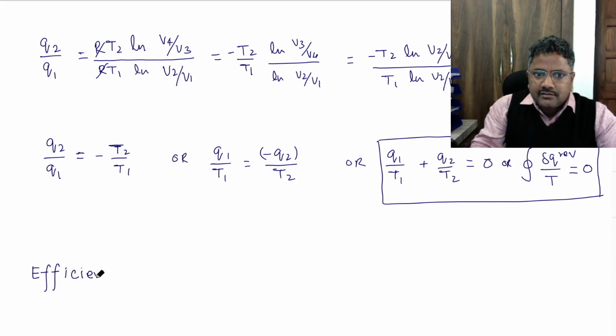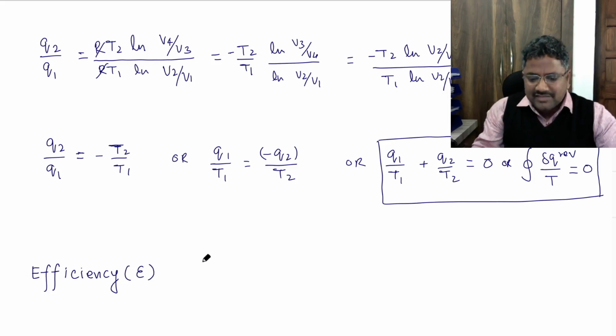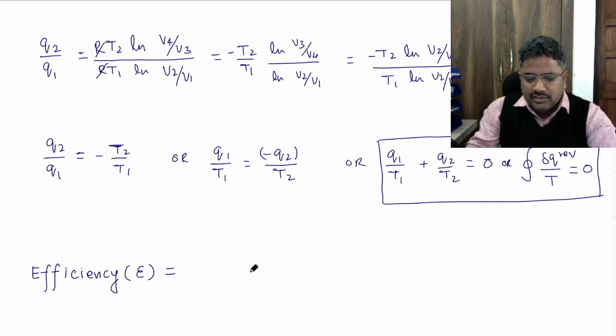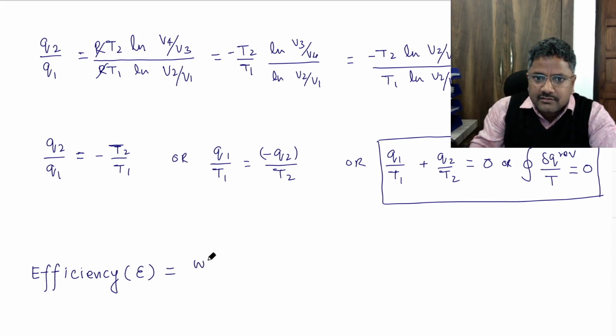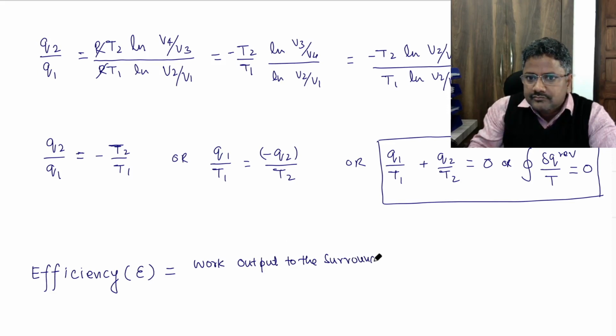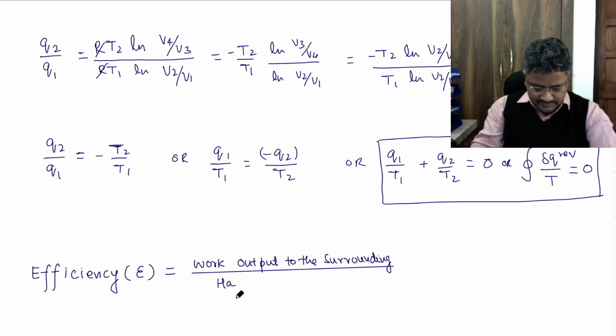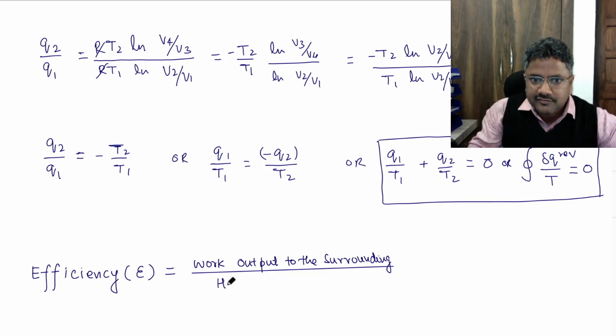Efficiency is represented by epsilon, or you can simply write E. So this is equal to the work output to the surrounding divided by heat taken from the hotter body.